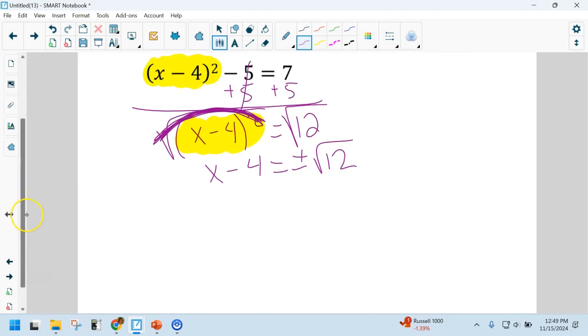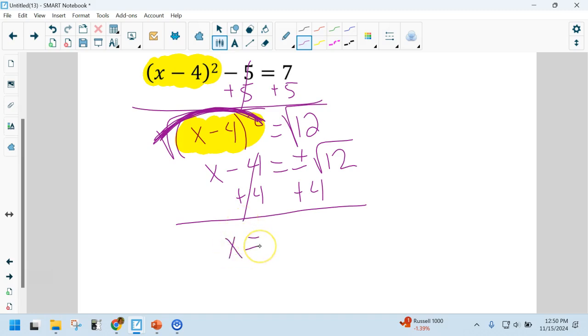And then we've got two options about what order to do this in. We need to get the x by itself, so we could say we're going to go ahead and add 4 to both sides. Unfortunately, I can't really add 4 onto a square root of 12, so I personally like to leave that 4 in the front and say there is 4, and then there's the plus or minus root 12.